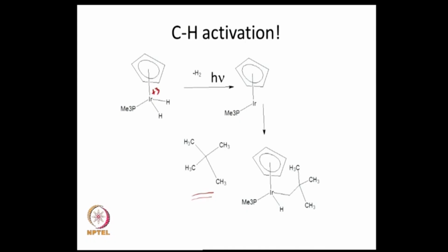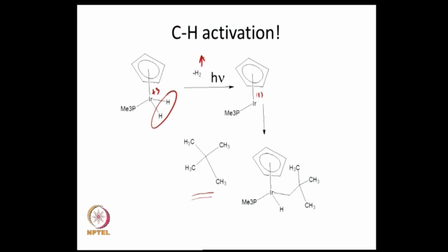If you excite it with light, it extrudes a molecule of hydrogen and results in the formation of an iridium 1 species. Because you do not have the hydrogen any longer in solution, H2 is liberated from the reaction mixture.